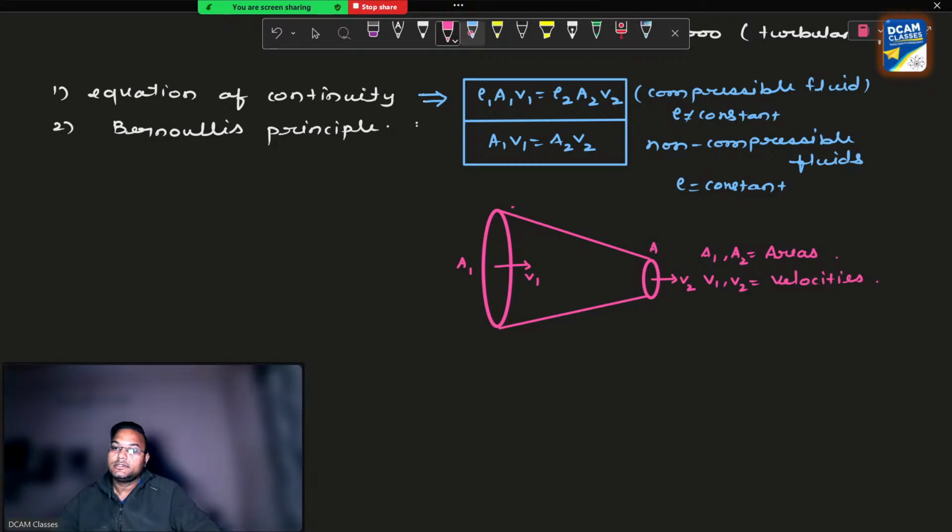Area is A2 here. This is a pipe whose area is decreasing, like that.